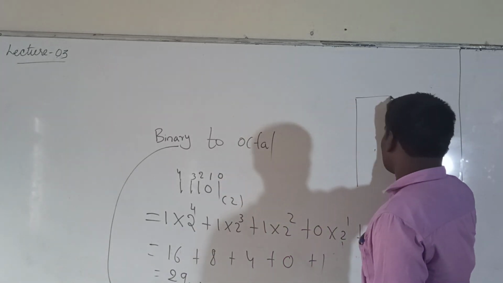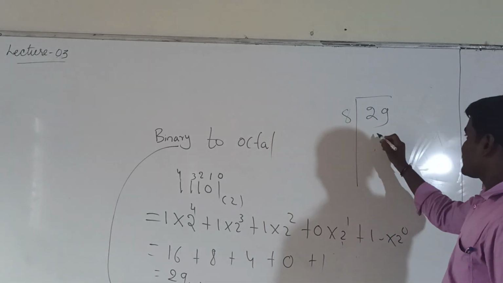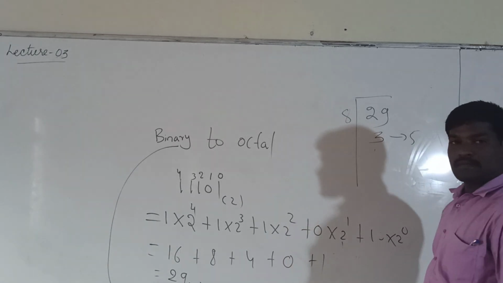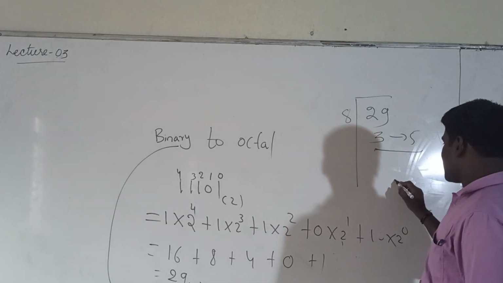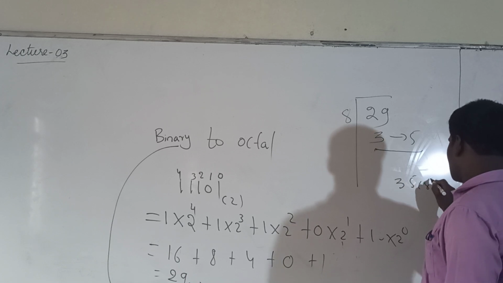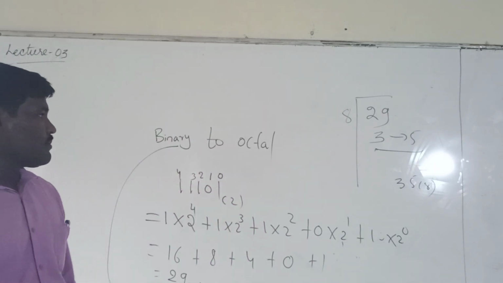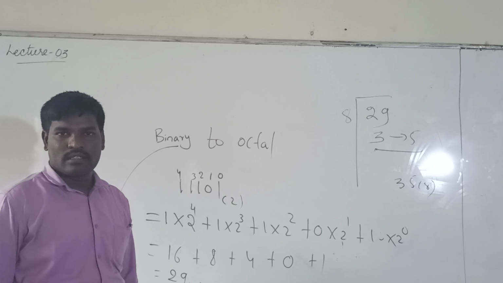Just divide by 8. 29 by 8: 8 3s are 24, remainder is 5. In reverse you can write 35 to the base 8. So this is the method for converting binary to octal.